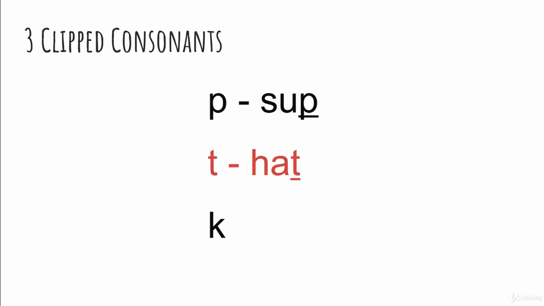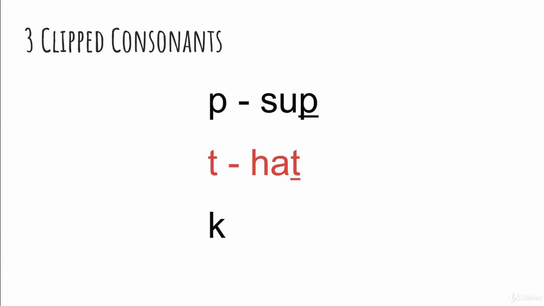Similarly, the consonant T, when put at the end of a word, we don't pronounce the T sound. In English, when we see the word hat, we pronounce the T sound. However, the Cantonese way of pronouncing it would be het, het, het.